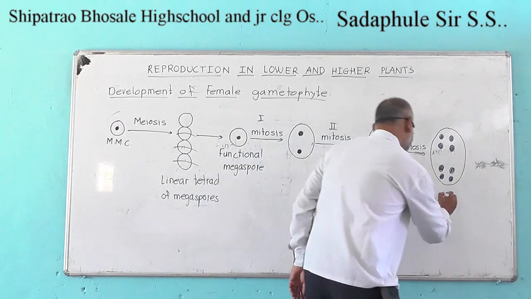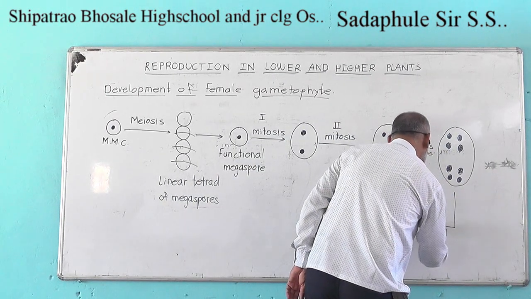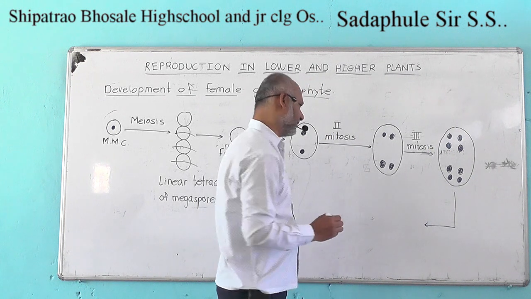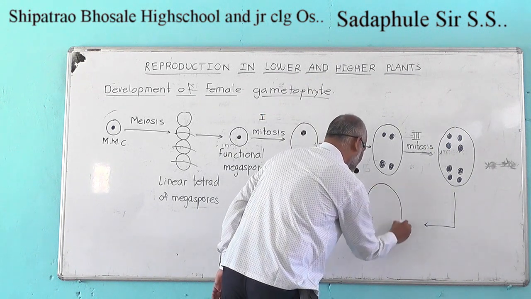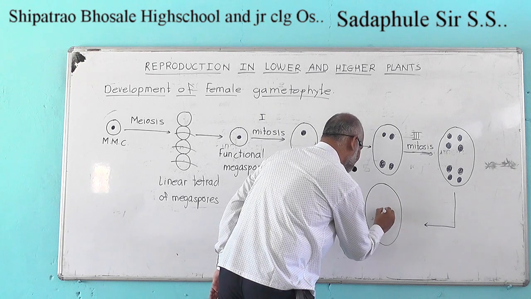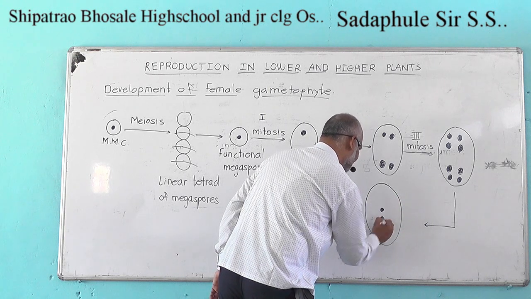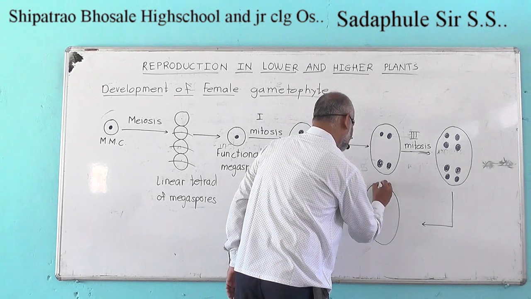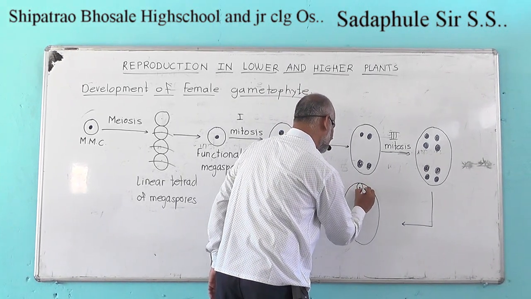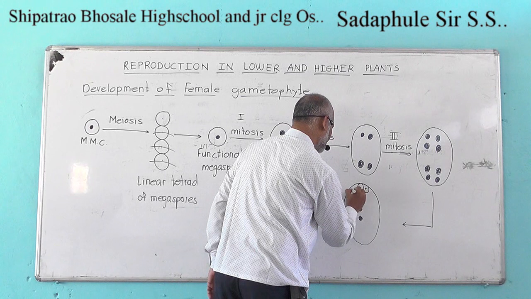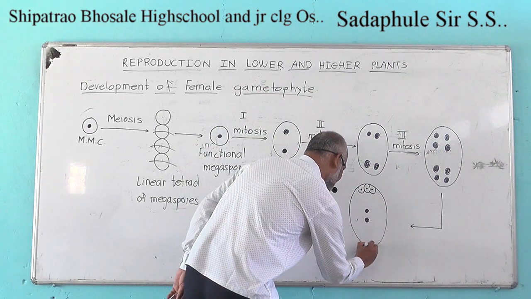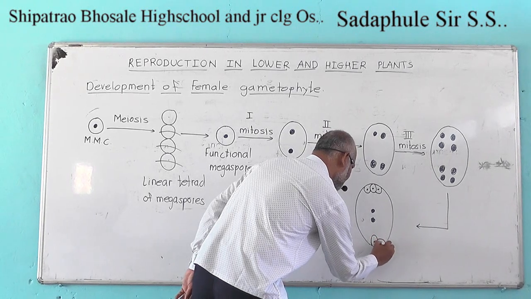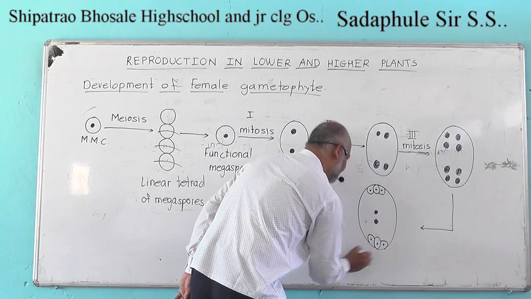Now what happens? There is a rearrangement of these nuclei. One nucleus from each pole migrates into the center like this. Then 3 cells remain towards the chalazal end and 3 remain towards the micropylar end.